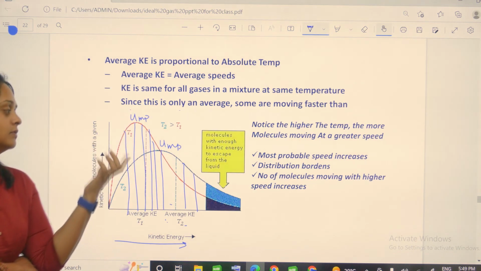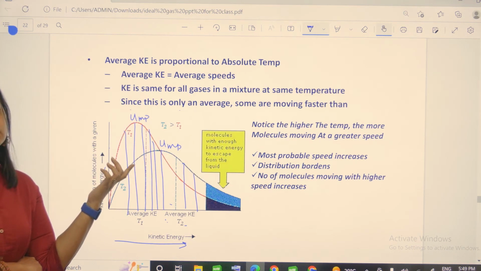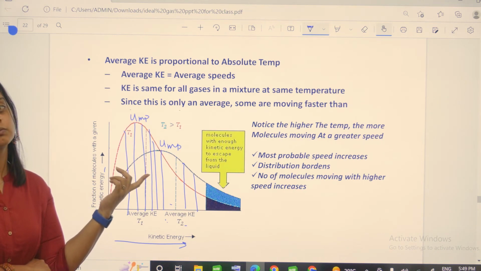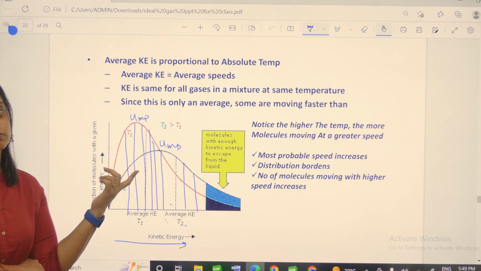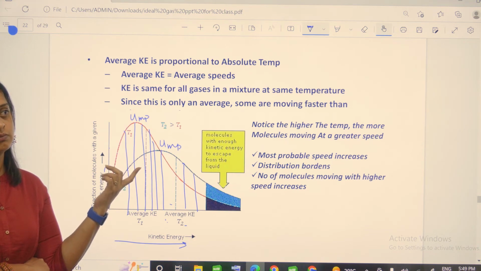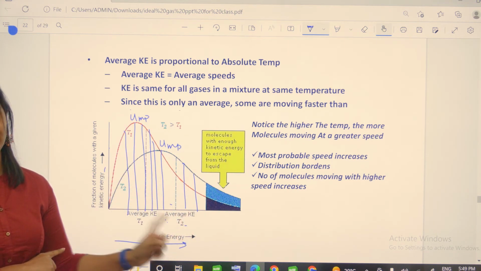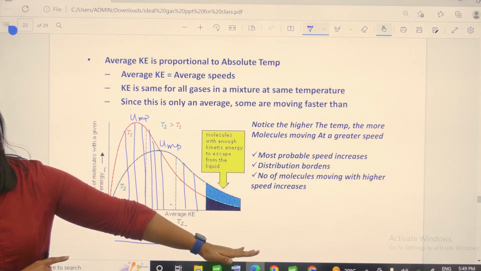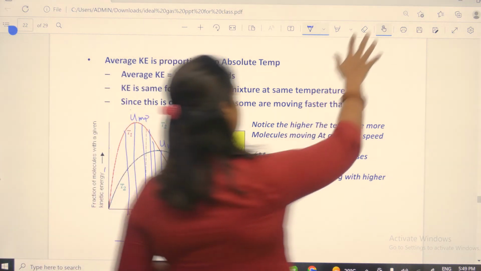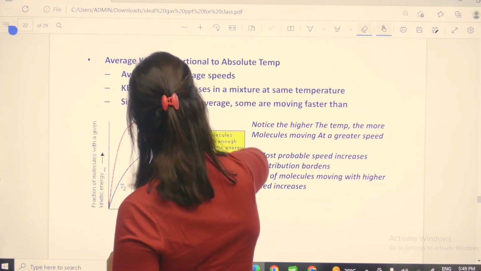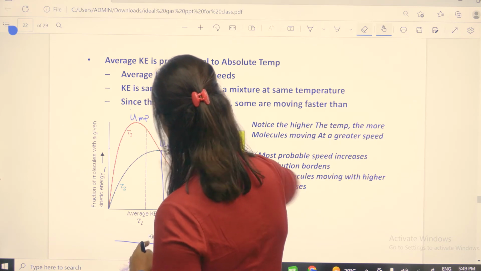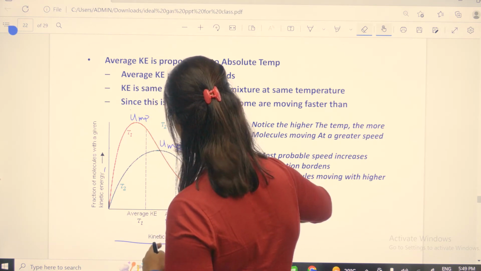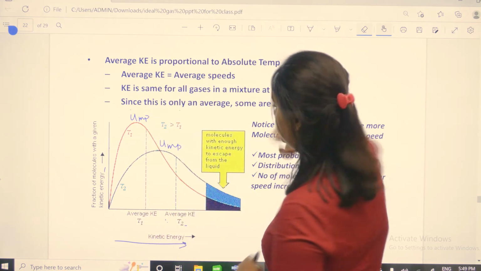Ma'am, when we increase the temperature, some of those molecules have increased speed. Speed is increasing in this direction. Do not forget that. So many lines over here in order to make you understand. Understand it in this way.